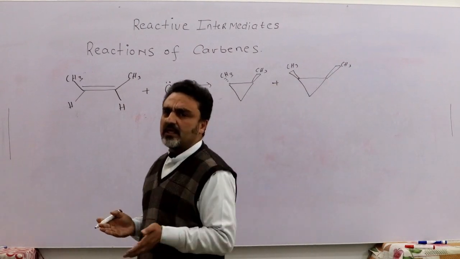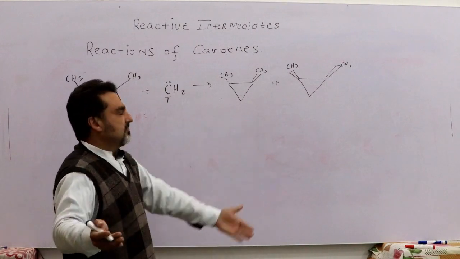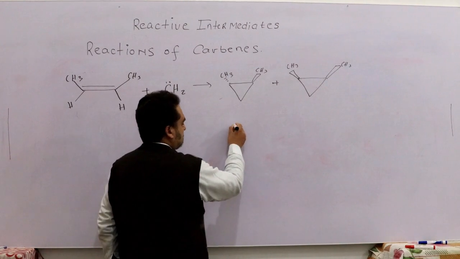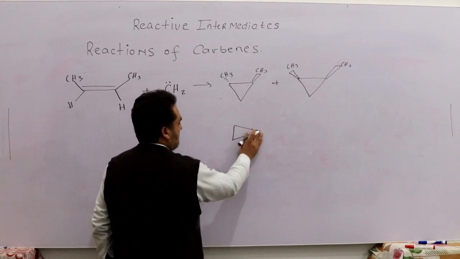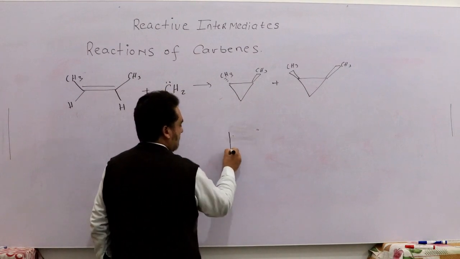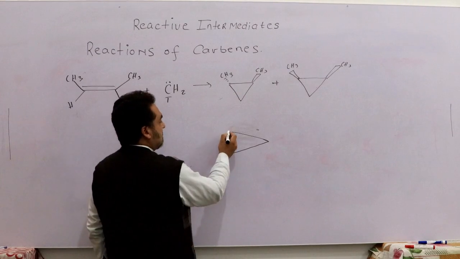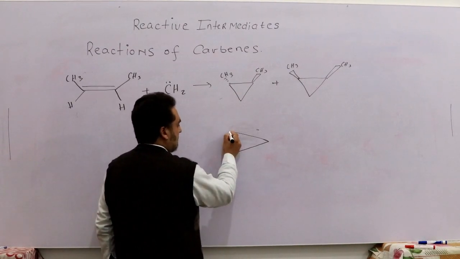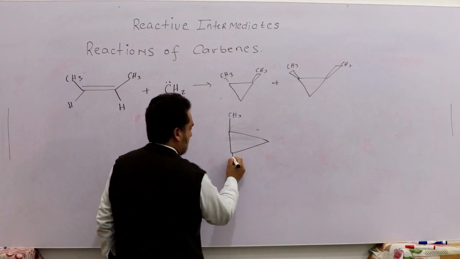Or if you want to understand it a little more, I can write it like this. My drawing is very bad, but I will still try. Look at this. Suppose one methyl is up and the other methyl is down.